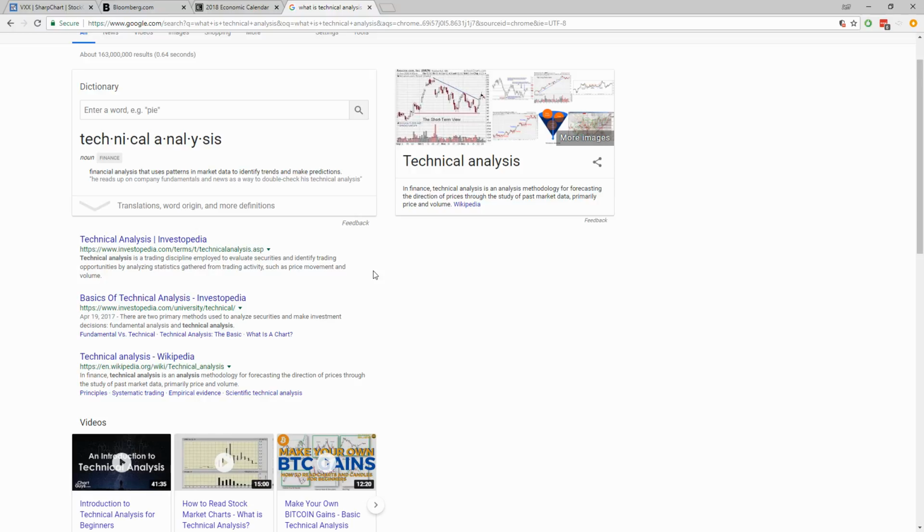Little quicker reward if you're doing minute charts, right? You know pretty much really quickly whether you're right or wrong if you're using minute charts. You don't really know for quite some time if you're using monthly charts. And so technical analysis is full of all sorts of statistics, with all sorts of time frames, with all sorts of opinions.